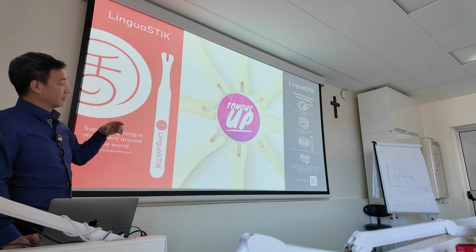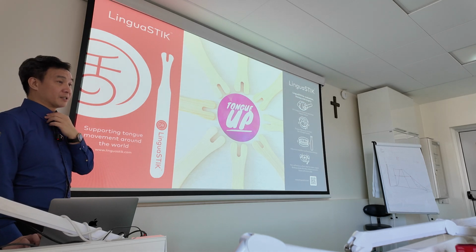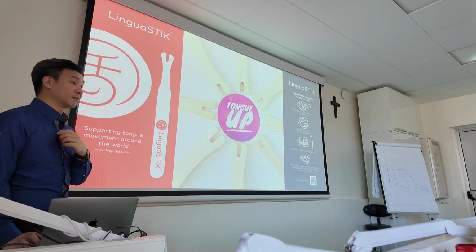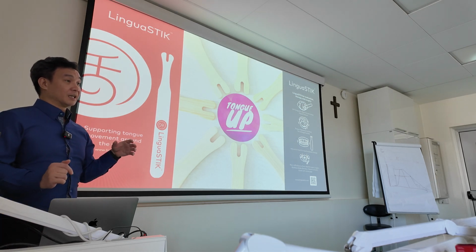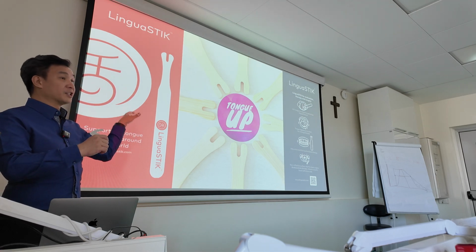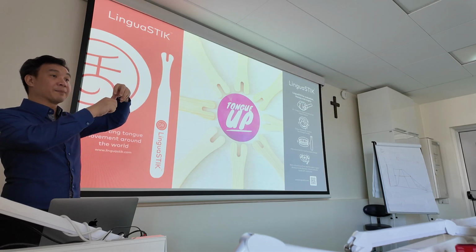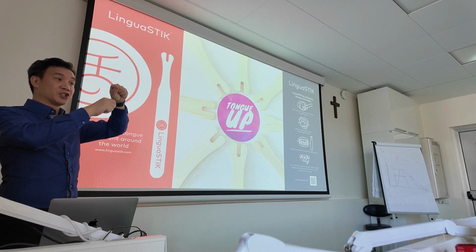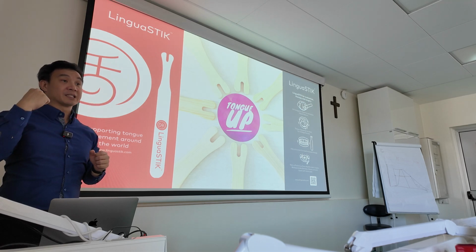And then my colleague Yuli, she's a speech therapist over in the UK. She's the founding president of the British Society of Myofunctional Therapy. She came up with a new device now, quite similar to this. But initially, she was using the linguistic and using putty over it. So she shaped it so that she can use it for retraining purposes.